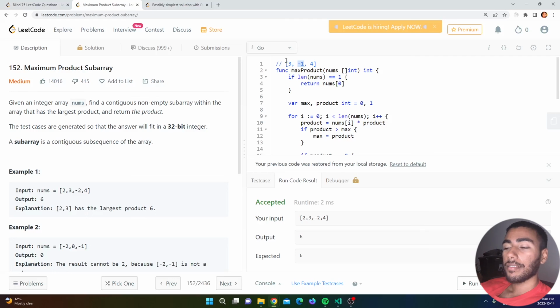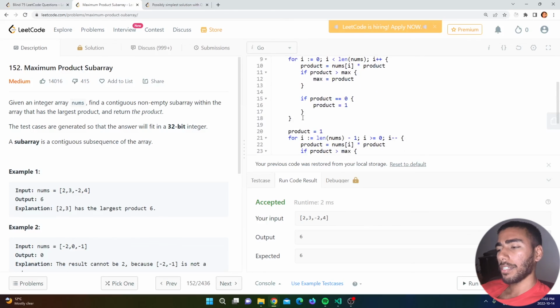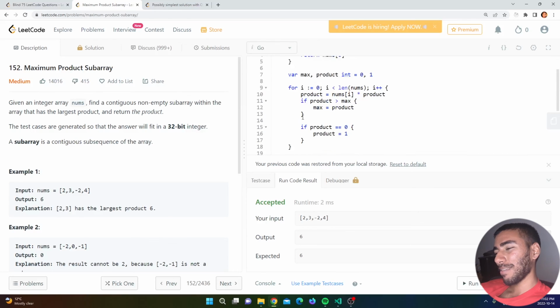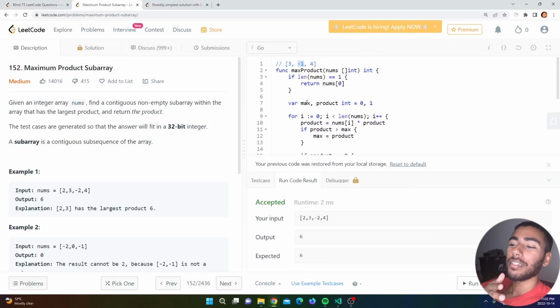And yeah, that's pretty much it for this. This is similar to the problem we did before, kind of similar, maybe not really, but we pretty much went through the array twice, on either side. And that's it. I'm going to stop the video over here for these two questions for Blind 75.